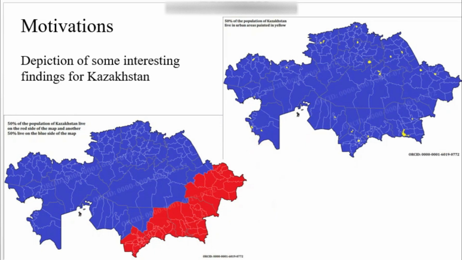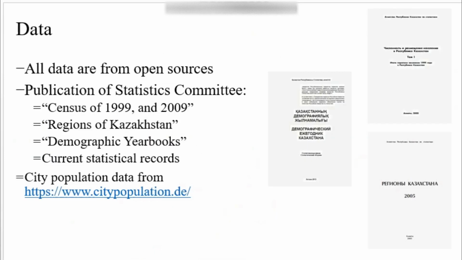So all the data used in this research are from open source data. So over 90% of all data used in this research come from these 3 sources here, which include census for 1999 and 2009.